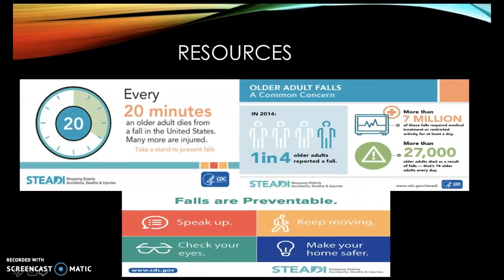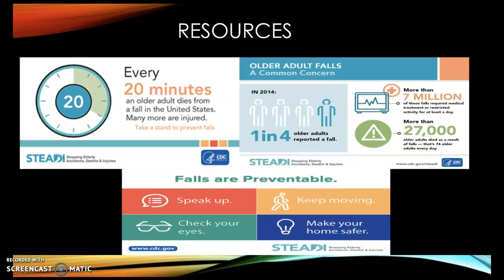These are examples of some resources that will be used from the CDC, the Stopping Elderly Accidents, Deaths, and Injuries initiative. For every 20 minutes, an older adult falls, which brings awareness. One in 4 adults reports a fall yearly, which brings more awareness, and also the fact that falls are preventable and measures can be taken to help promote that.